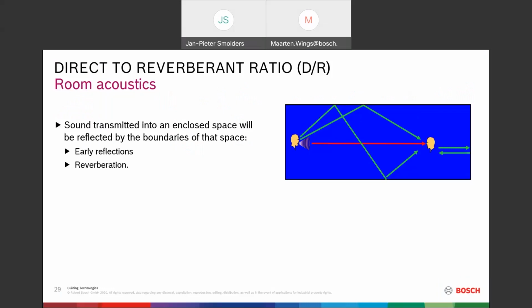He's talking to a person opposite to him or her. Then the sound also travels to the side of that person, and it will hit maybe the ceiling, the floor, or the side walls, and that will also propagate in that room, and it will also reach that person, but then delayed in time. It's not at the same time at the listener's position.